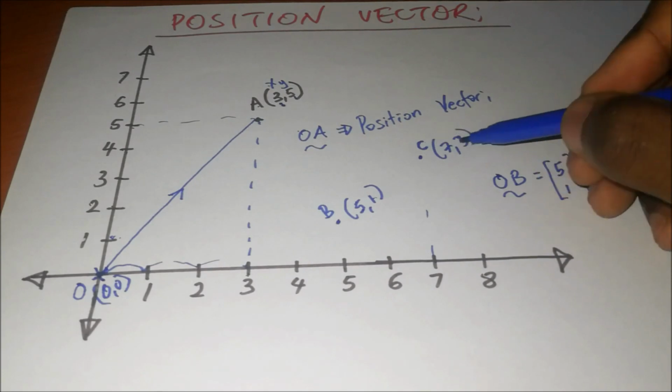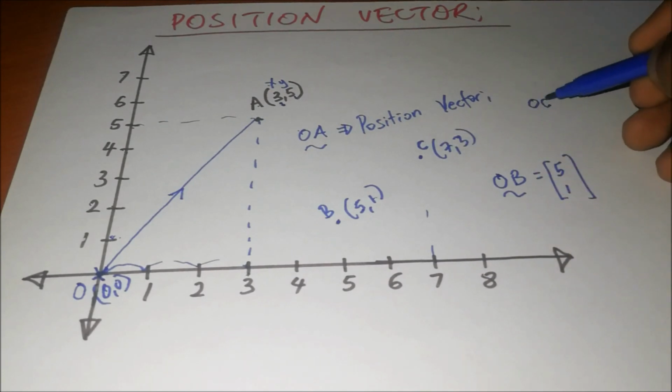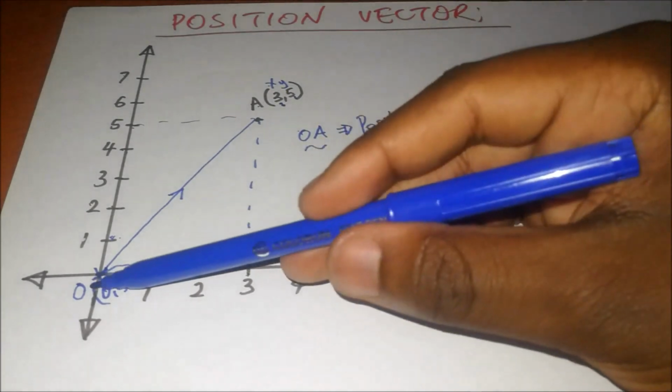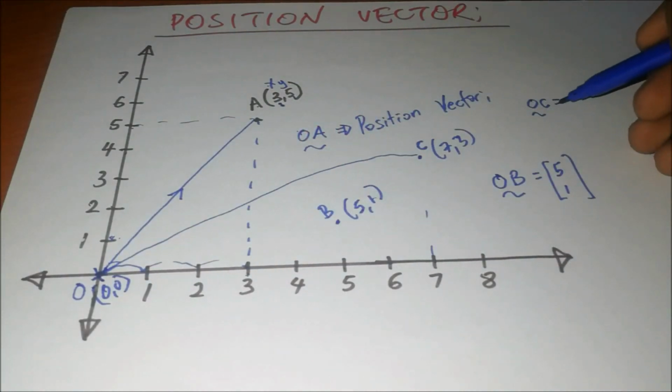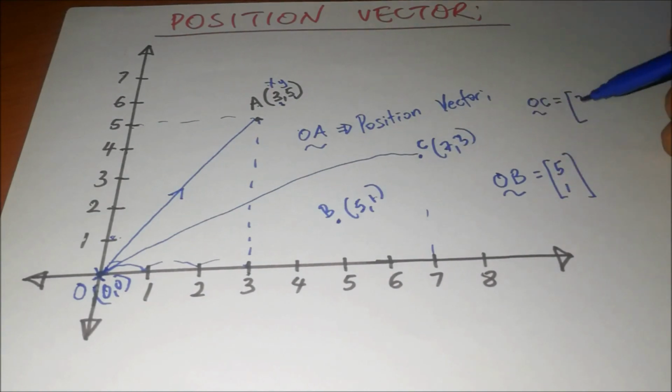The position vector of C is given as OC, O meaning that it's coming from the origin O to where C is, so OC is given as 7, 3.